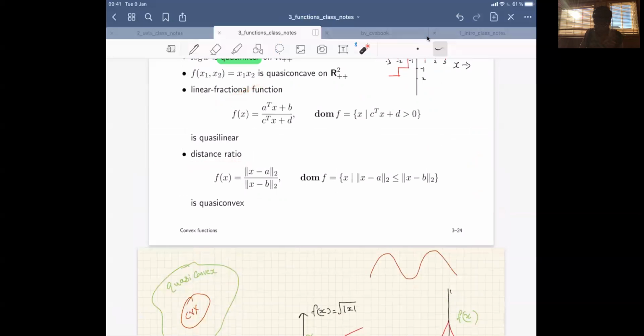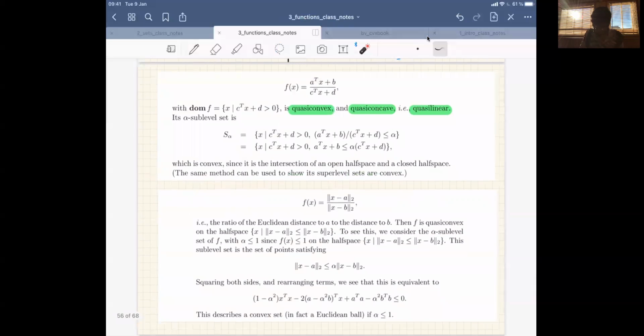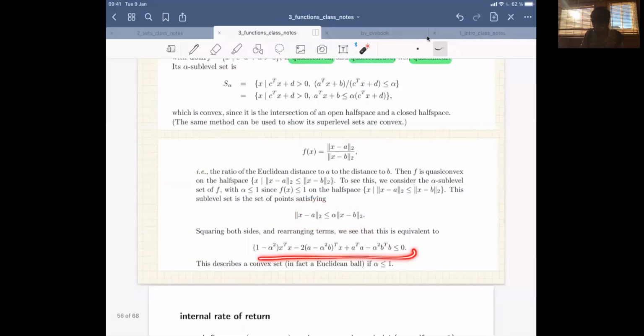But here we put a strange constraint in the definition of the function, where this has to be less than 1. So in that case, let's consider the sublevel set: this is less than or equal to alpha, which gives this. Squaring both sides and rearranging, you will get something like this.